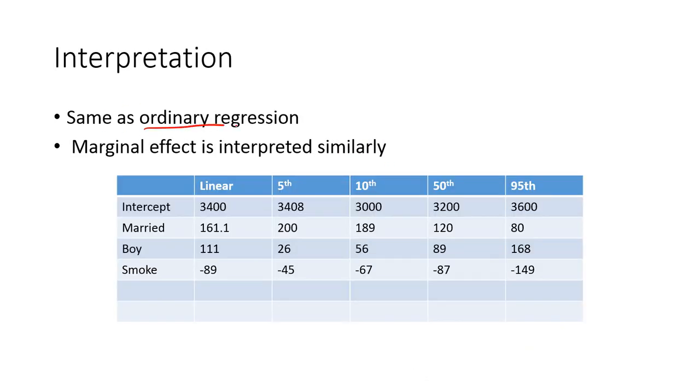We'll take an example to understand how the coefficients can be interpreted similarly and differently in linear regression and quantile regression. Marginal effect is interpreted similarly. That means if beta 1 is, let's say, 0.3, then the dependent variable goes up by 0.3 every time this particular variable goes up by 1, given other variables are constant.